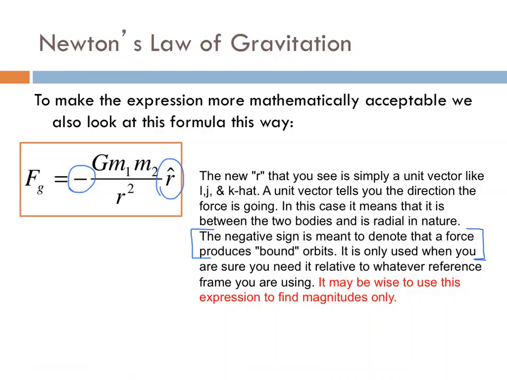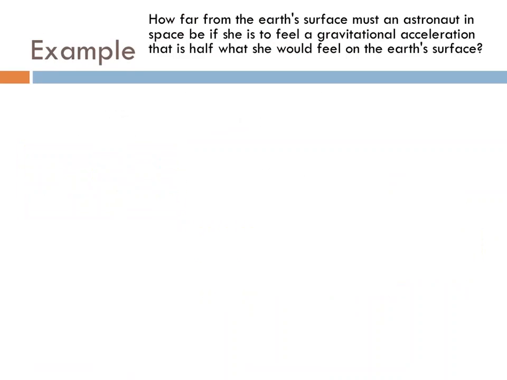In this example, it says how far from the Earth's surface must an astronaut in space be if she is to feel gravitational acceleration that is half what she would feel on Earth's surface. Now, you might think this is a straight plug and chug, but we need to remember that our gravitational field, or gravitational acceleration, is just G times the mass of the planet, in this case Earth, divided by r squared.